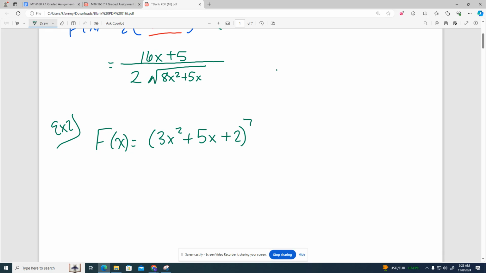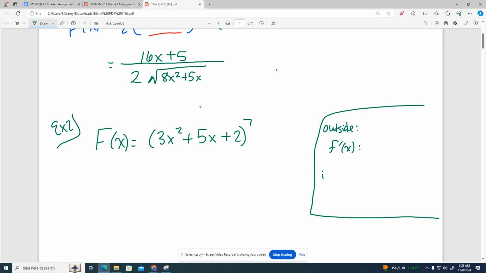Okay, so we have this to the 7th power. So we need to identify the outside function and find its derivative. Then we need to identify the inside function and find its derivative.